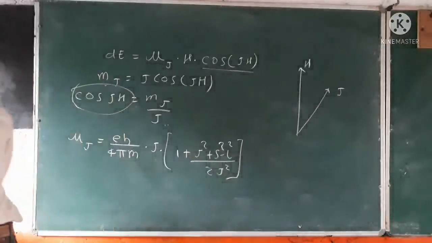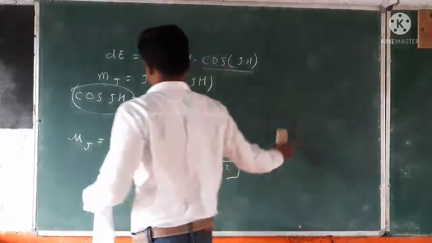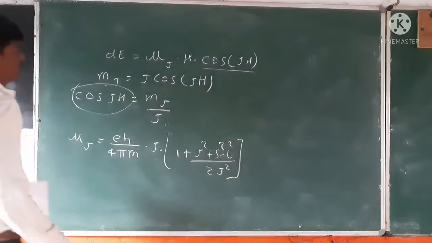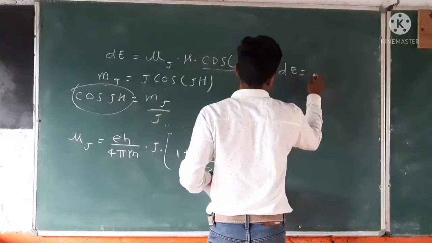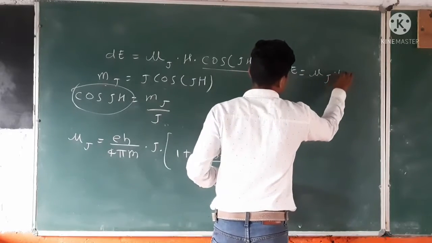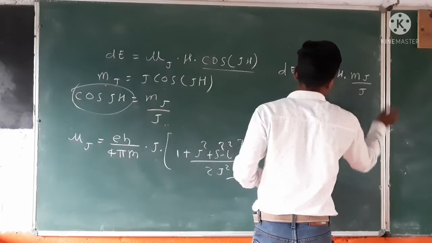So what is the equation? The equation will be E is equal to mu J dot H dot Mj by J.